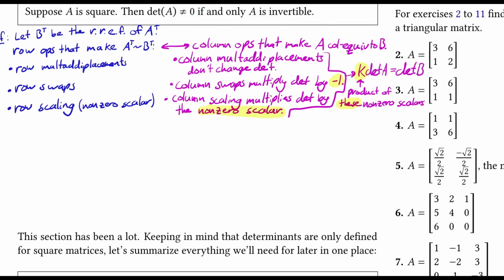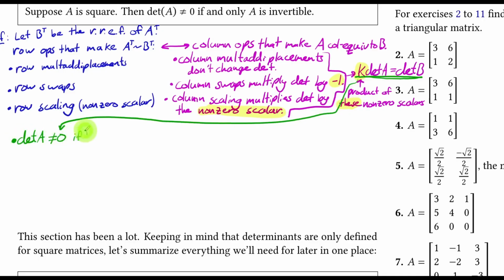So the first thing I want to do is notice that this equation implies that the determinant of A is not 0 if and only if the determinant of B is not 0.